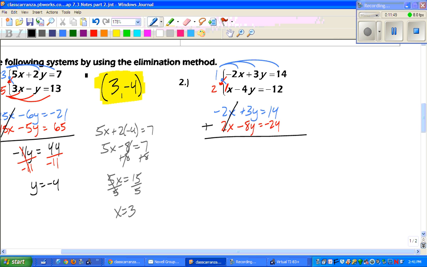Your x's cancel out, and you get negative 5y equals negative 10. To get the y by itself, you divide both sides by negative 5. Y equals positive 2.